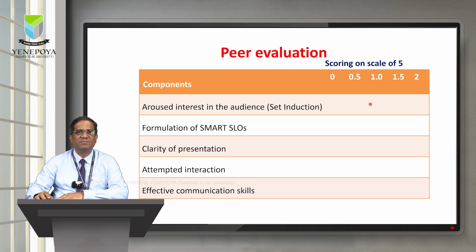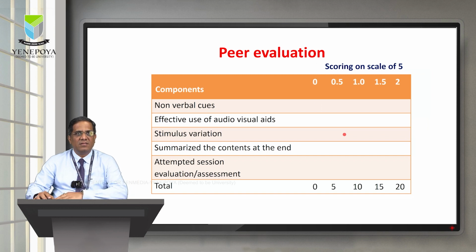Whether interaction has been attempted, effective communication skills, body language, non-verbal cues, how effectively the audio-visual aids have been used, whether stimulus variation has been practiced, whether summarization is done at the end, and how evaluation or assessment is attempted. So the peer evaluation can use this structured checklist.